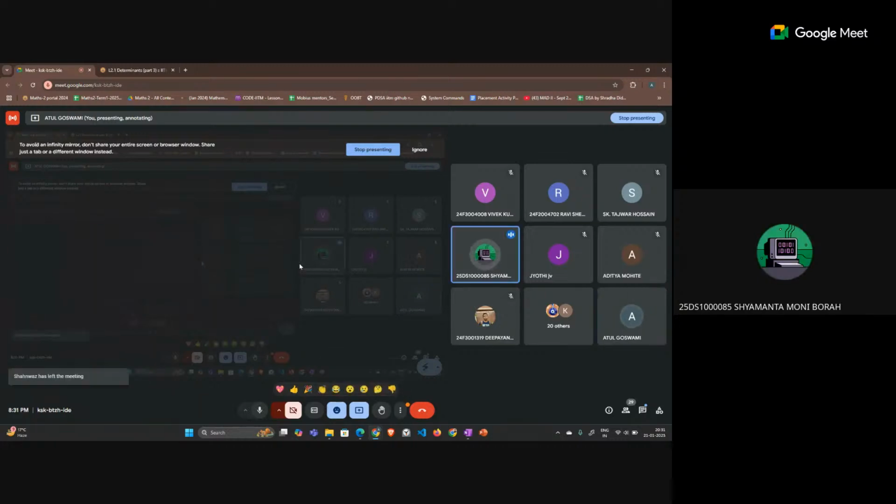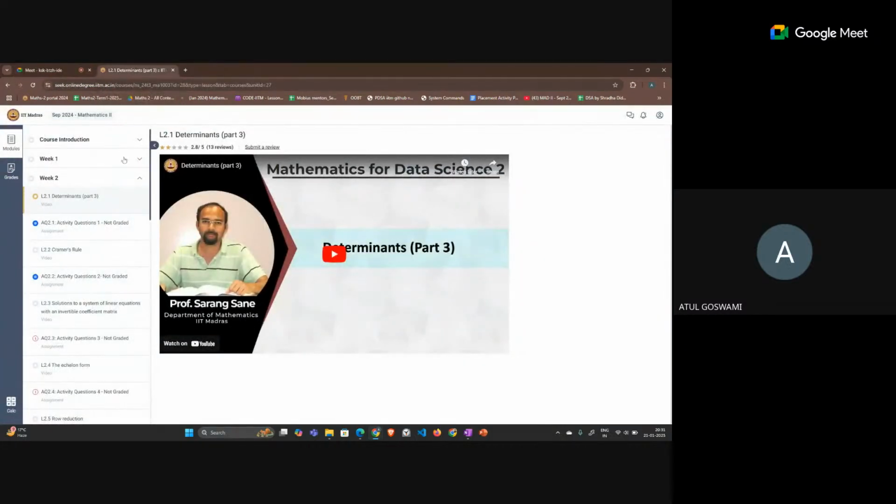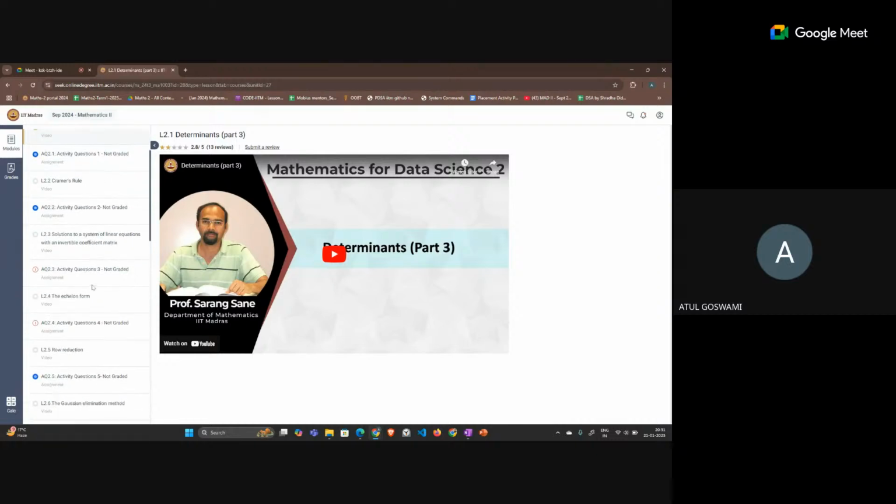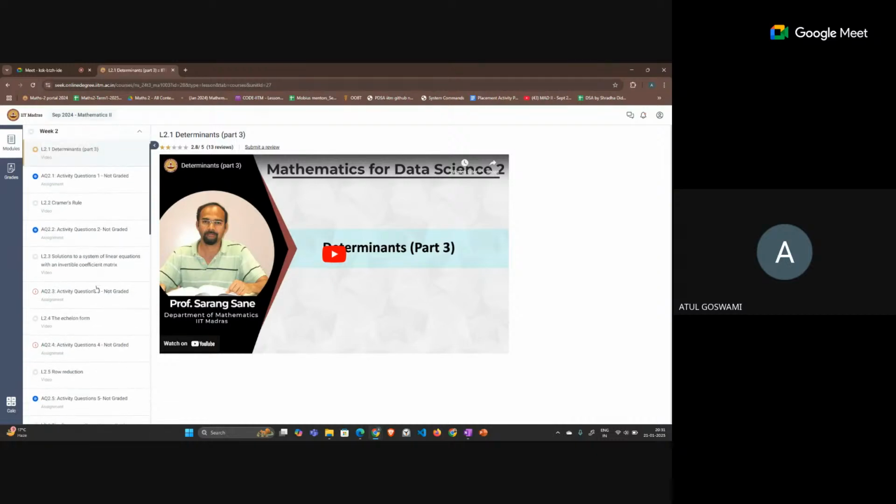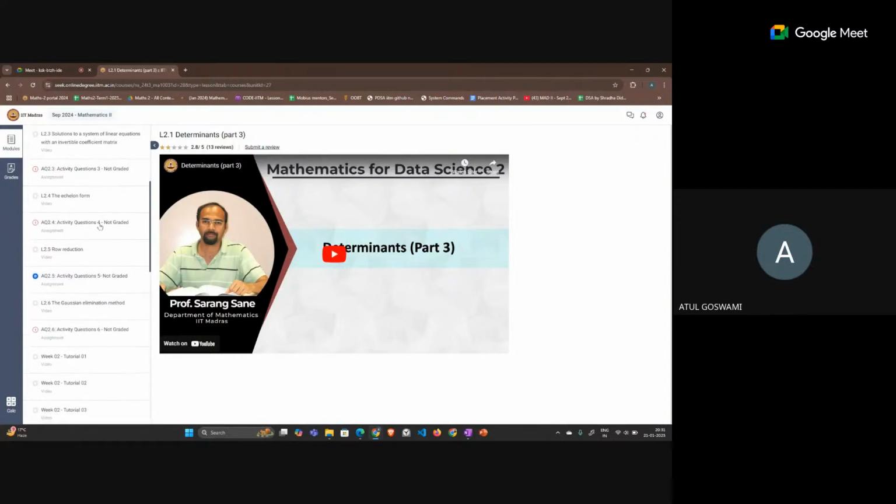RREF is the last topic in week two. Gaussian elimination, I guess, we'll be doing today, right? Okay. Because most of the students are asking about activity questions, let's solve them first, and after we have time, we'll see the Gaussian elimination method as well.